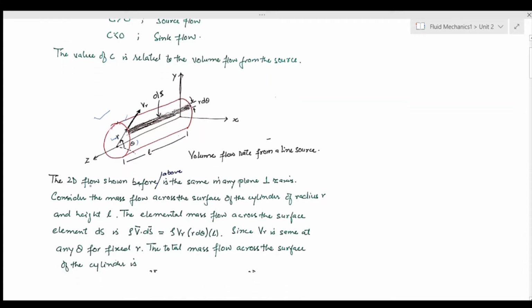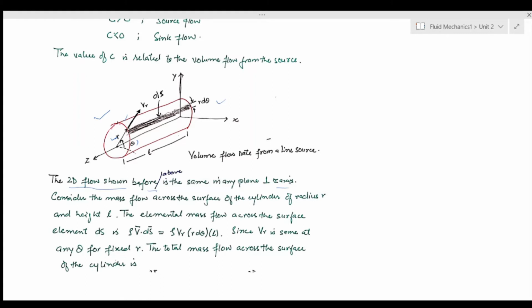So the two-dimensional flow shown here is the same in any plane perpendicular to the z-axis. What we mean by this is that if you take any slice of the cylinder along the z-axis, the same amount of flow is coming out.